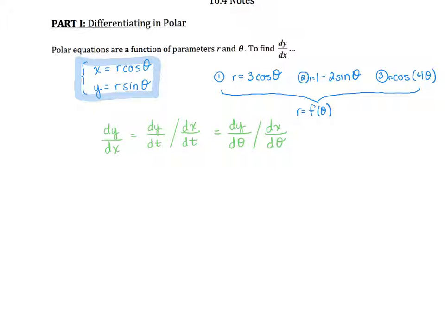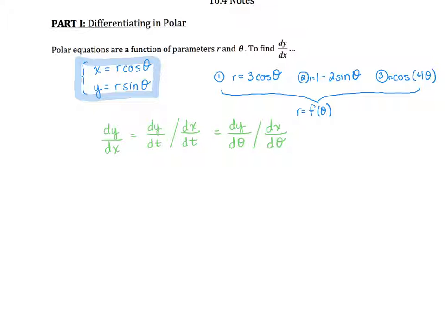Okay, and so let's do that. Let's get the derivatives of x equals r cosine theta and y equals r sine theta and get dy dx for a polar graph. Well, why is that a problem?